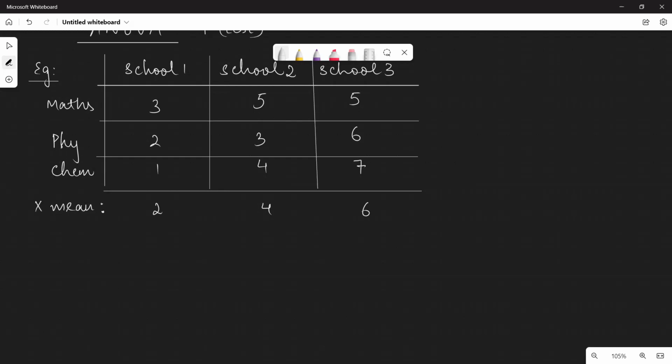X bar. Once we have the mean value calculated, we will calculate something called the grand mean.